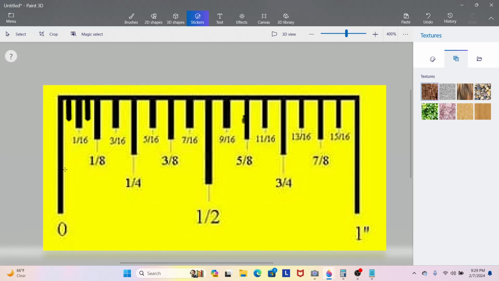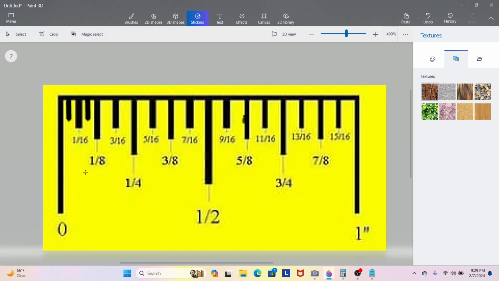On the 1/8 side, you're going to count 1, 2, 3, 4, 5, and you're adding the 8 on the bottom, so 5/8. And then you've got a 6/8. Well, 6/8 is 3/4 of an inch whenever you reduce it to its lowest terms. 7/8, and of course 8/8.